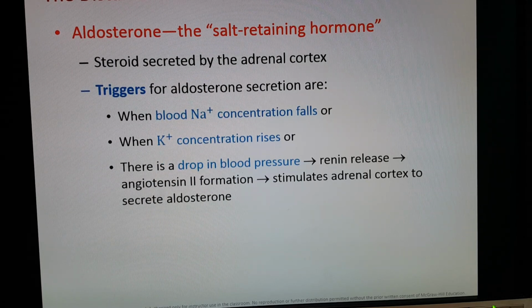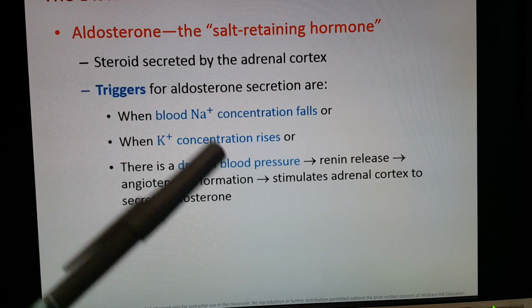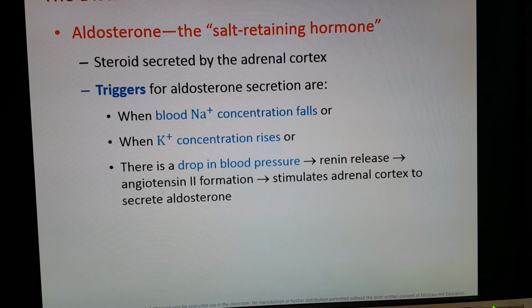So your sodium and potassium kind of work in opposite each other. So this will help to get rid of the potassium and therefore reduce those levels in the blood. And also if there's a drop in blood pressure, which signals the renin release and eventually gets to your angiotensin-2, which will then stimulate the adrenal cortex and secrete your aldosterone.